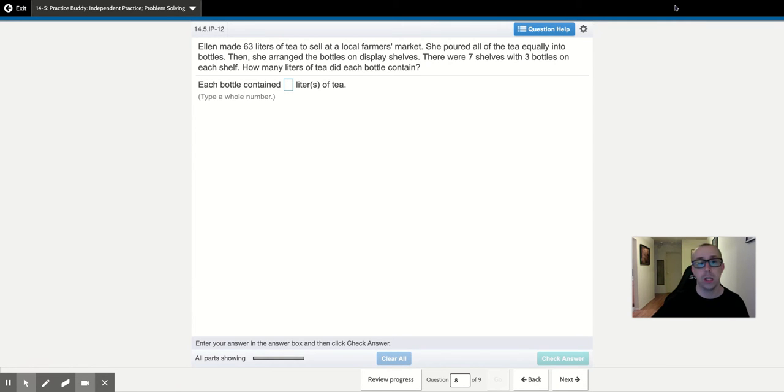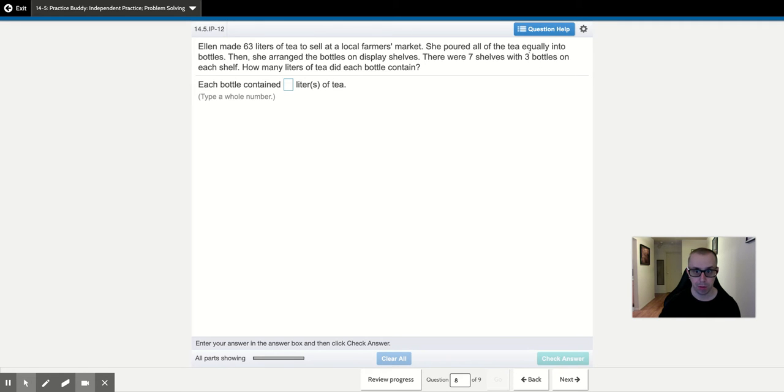There's a lot going on here. 63 liters of tea, pouring them all equally into the bottles. Let's work backwards. There's 63. How many bottles are there? There's 7 shelves with 3 bottles on each shelf.